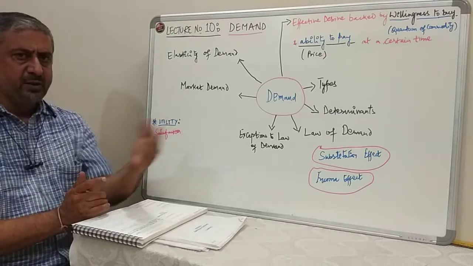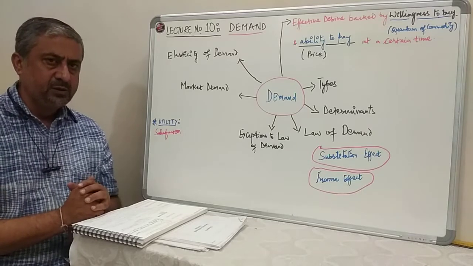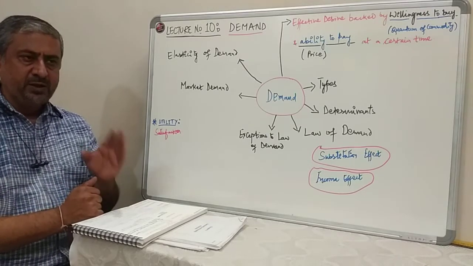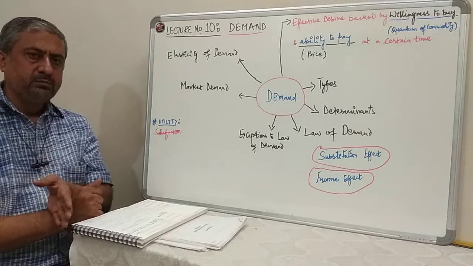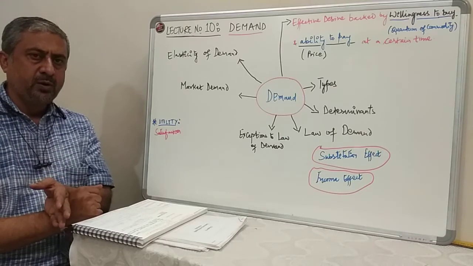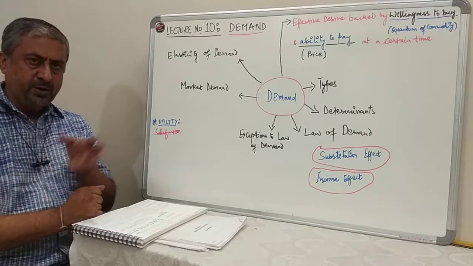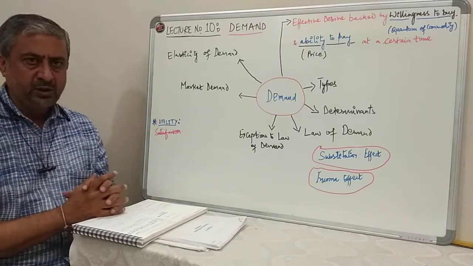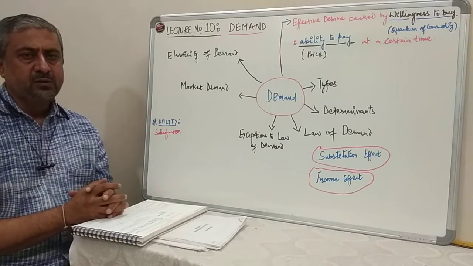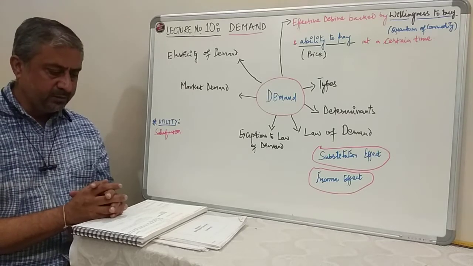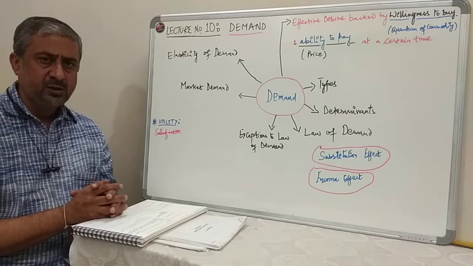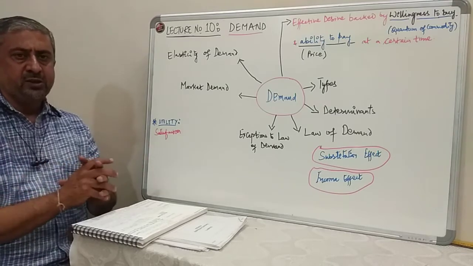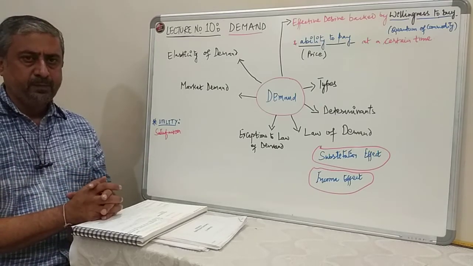Now there are certain exceptions to the law of demand. Law of demand is, if the price of a commodity goes up, the demand for that particular product comes down. If the price of the product comes down, demand for that particular product goes up. That is inversely related. Price and demand, they are inversely related. But there are certain products which are exceptions to the law of demand.